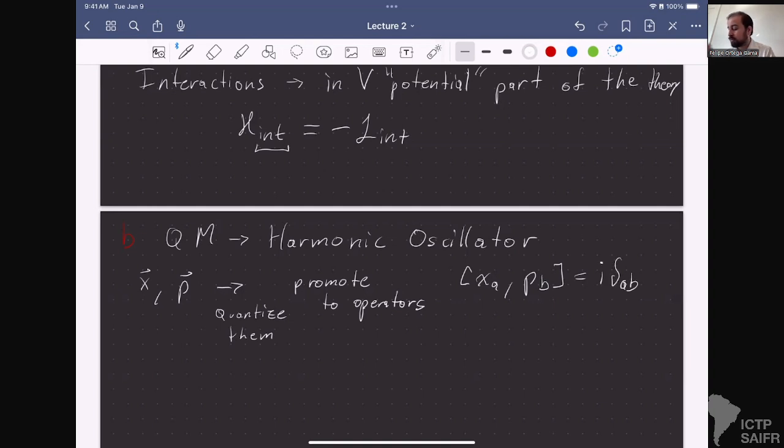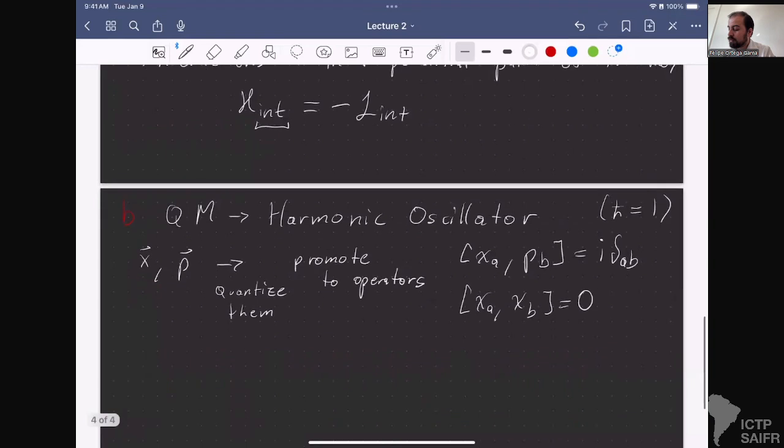In different directions they commute, but if it's the same direction of position and the same direction of momentum, they're not going to commute, and the commutator is going to be given by this formula. Note that I'm using units where h bar is equal to 1. So that's the commutation relation. The position with itself is going to commute, and the momentum with itself is going to commute.